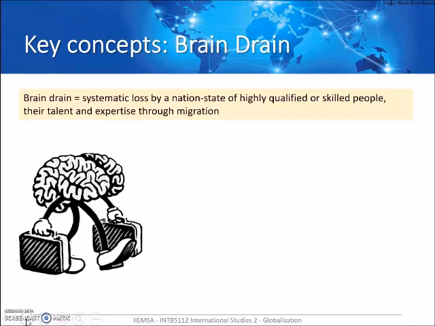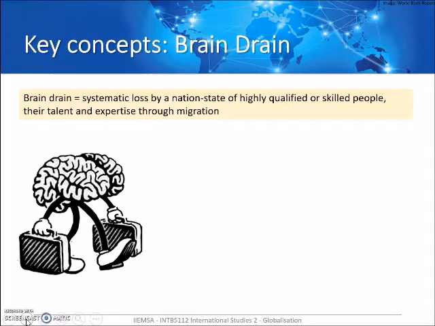So this is when a country, usually mostly developing countries, is losing most of its best skilled and qualified people because it can't really offer enough opportunities for them. So the best people leave because they have better opportunities abroad.